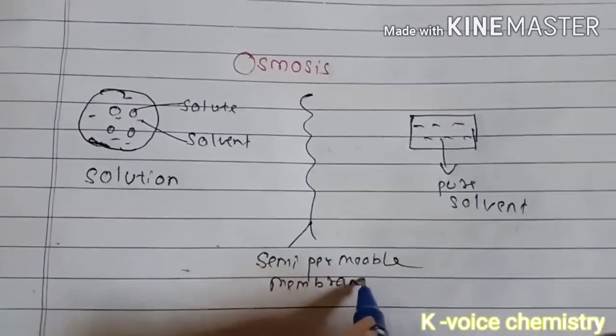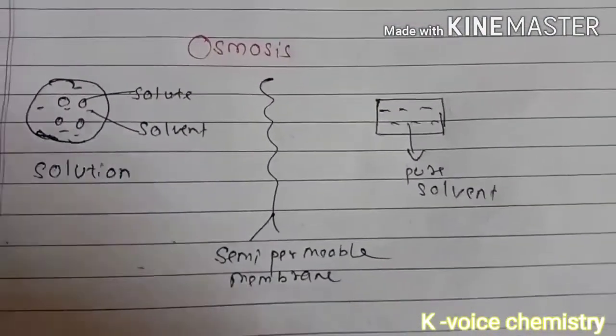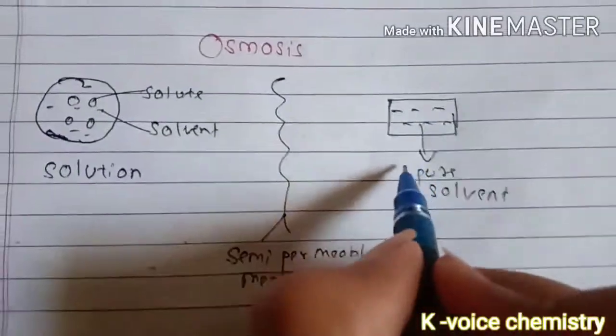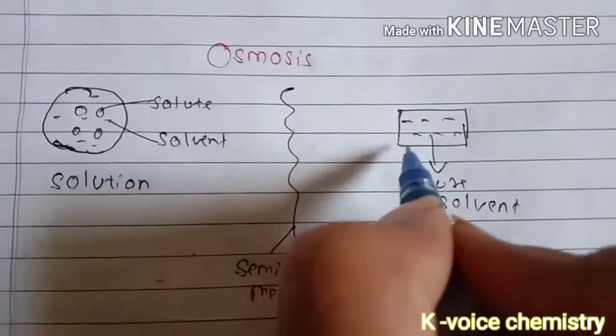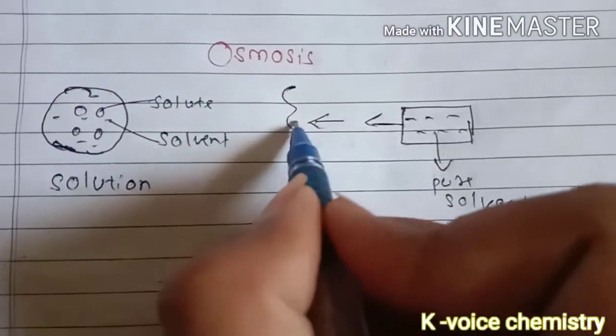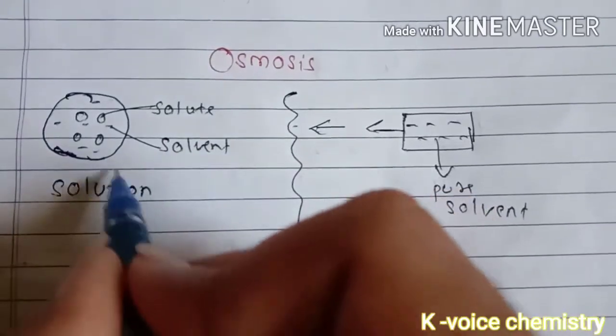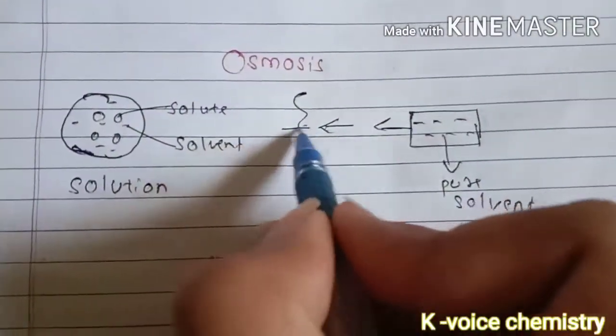Its job is to allow the passage of only the solvent molecule. So what happens during osmosis? The water molecules from this pure solvent will pass towards this solution side by crossing this semi-permeable membrane.